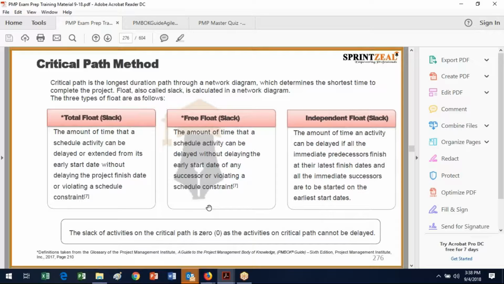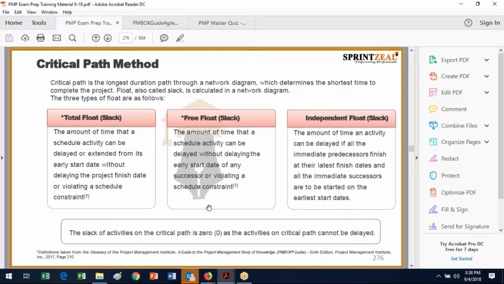Then the free float would be dealing with the successor. And then the independent would be the immediate predecessor, so whatever took place before it. What would be the trigger points that you would remember it?